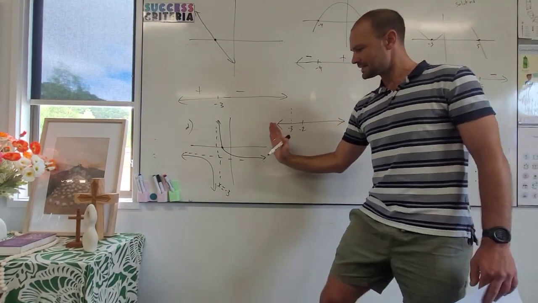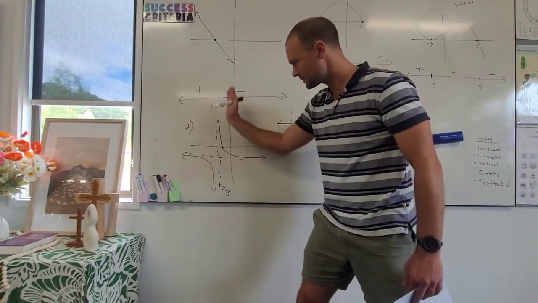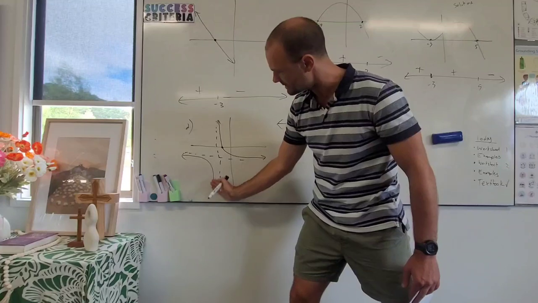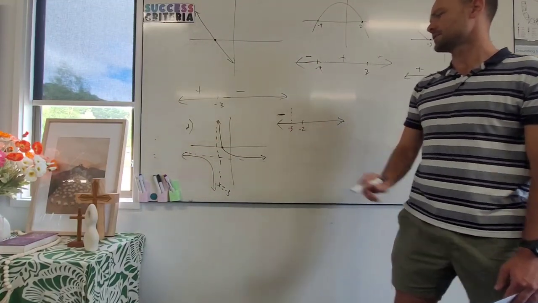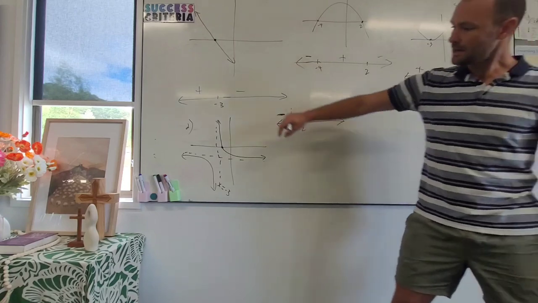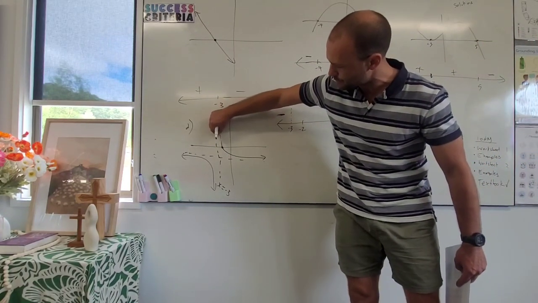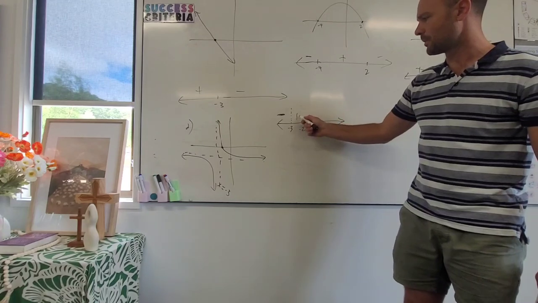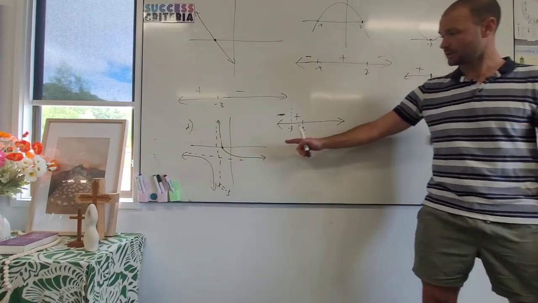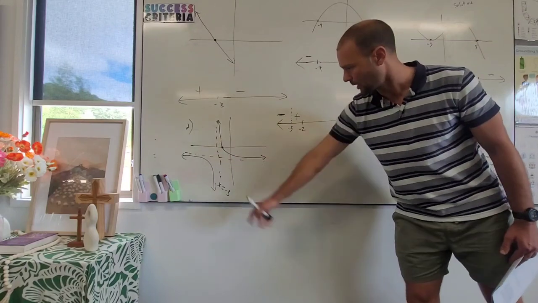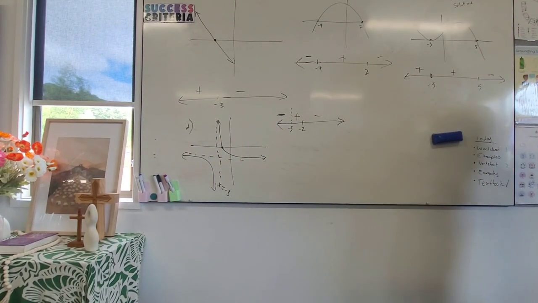To the left of the vertical asymptote, the whole function is negative. It's completely below the x-axis. In between the asymptote and the root, in between -3 and -2, the function is positive. And then after the root, after -2, the function is below the x-axis. It is negative. Okay, on to E.